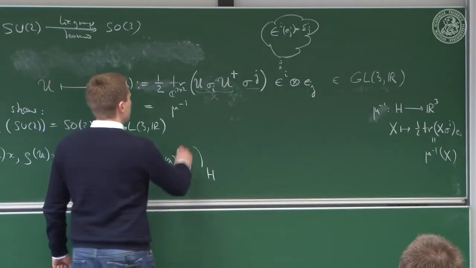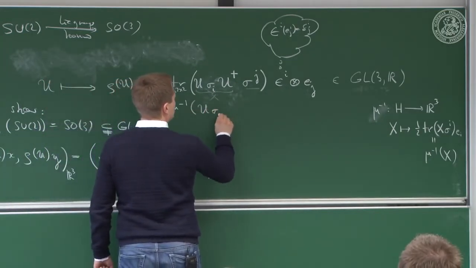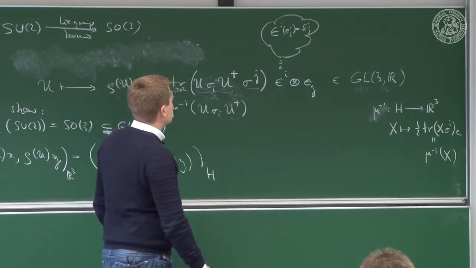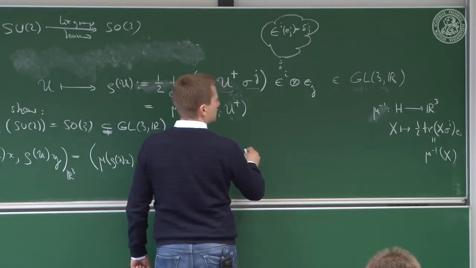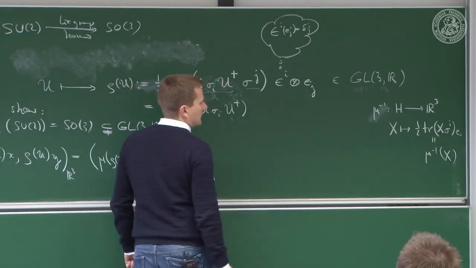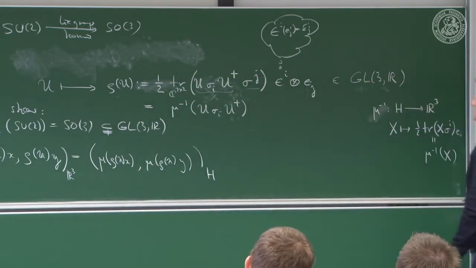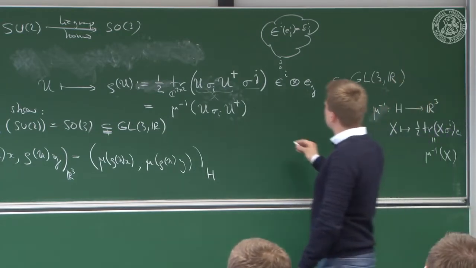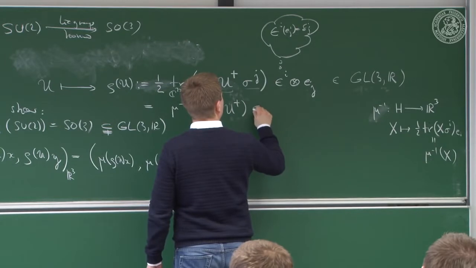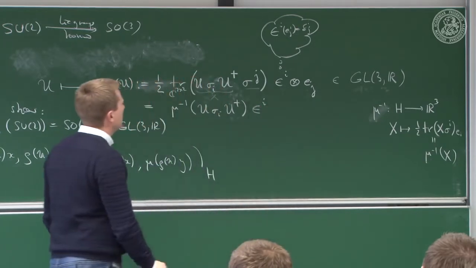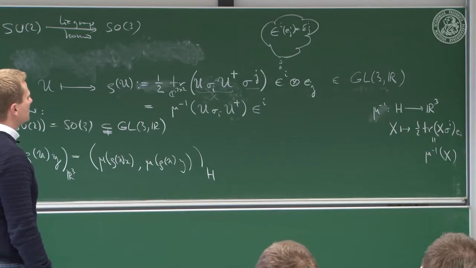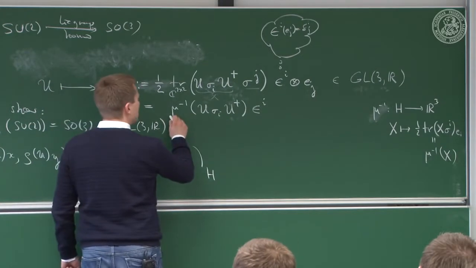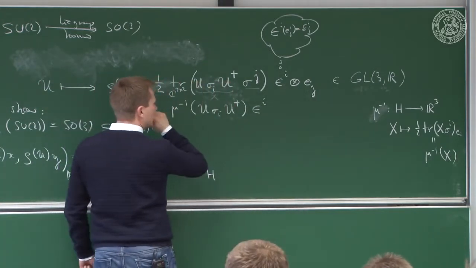So it's the mu inverse of u sigma I u dagger, epsilon I, hang on, and mu inverse sigma j. Yes, and this is a vector, that's the point. So the mu inverse goes back to R3, exactly.